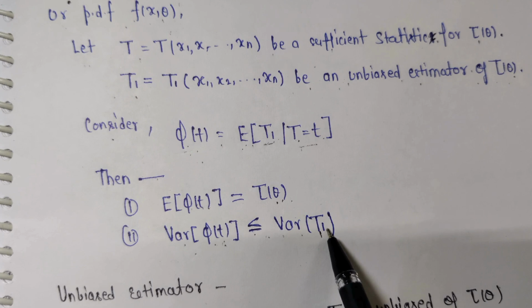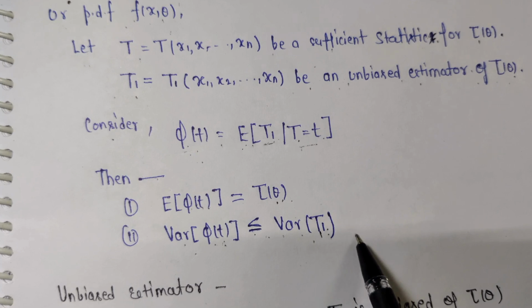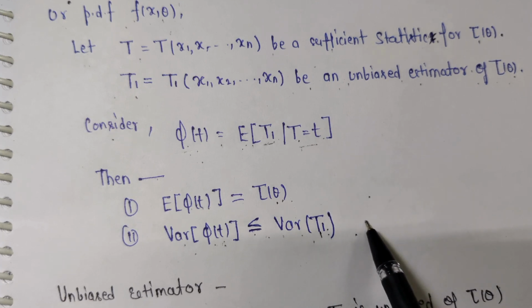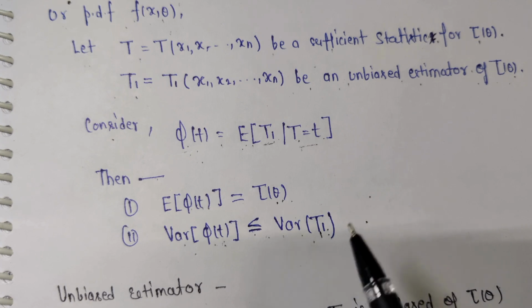That means Rao-Blackwell provides the minimum variance unbiased estimator. Is it clear? Here I'm using two concepts: one is unbiasedness and the second is sufficiency. I think you are all already aware of the unbiased estimator and sufficient statistics. So this is the statement part, and in the next part I will discuss the proof.